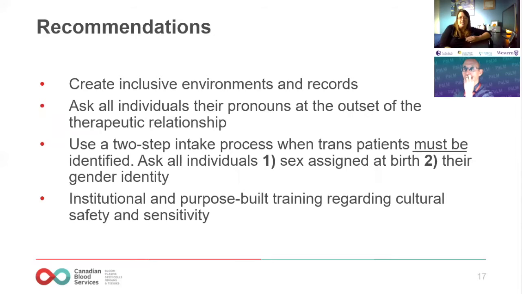And in this two-step process, the idea is to ask all individuals first the sex assigned to them at birth, and second, their gender identity. And also they recommended institutional and purpose-built training material and training exercises regarding cultural safety and sensitivity for trans individuals.